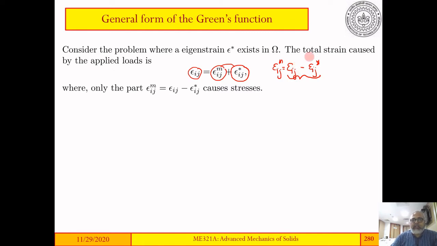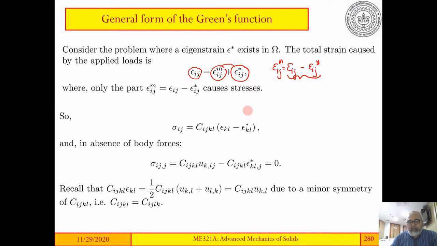So we will put it back into the constitutive equation, which for the elastic case is sigma ij equal to C ij kl epsilon kl, but this epsilon kl is now the mechanical strain, and therefore we replace it by C ij kl times (epsilon kl minus epsilon kl star).